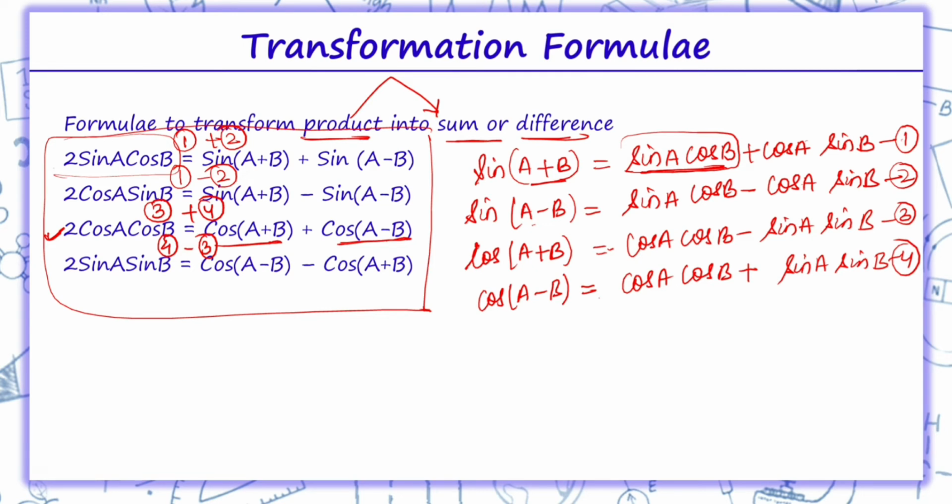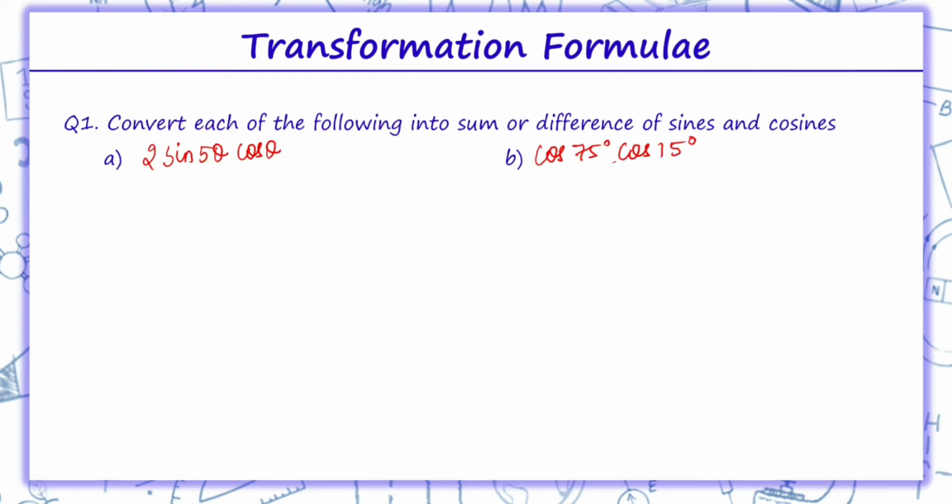Now moving on to the questions, how we can apply these formulas. The question is, we have to convert each of the following into a sum or difference of sines and cosines. Over here we are provided with 2 sin 5 theta cos theta. Here we have to apply the identity 2 sin A cos B, which equals sin(A plus B) plus sin(A minus B).